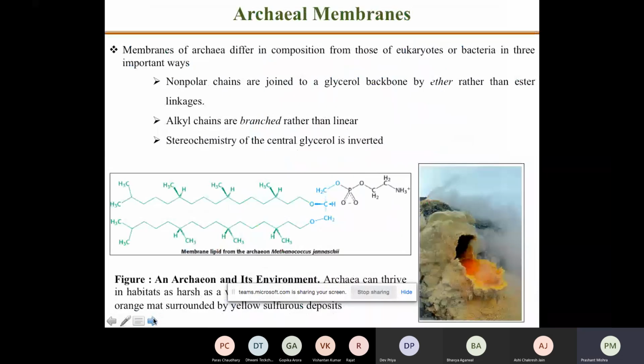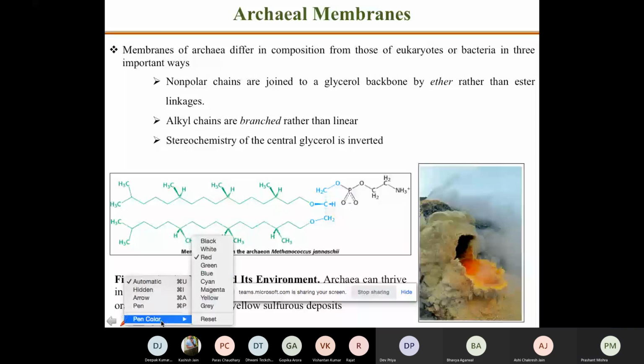There is some variation in the archaeal membrane. Have you heard of archaea? Yes, sir. These are organisms present in very different environments, in harsh conditions. On the right hand side, what I am showing you is a volcano.